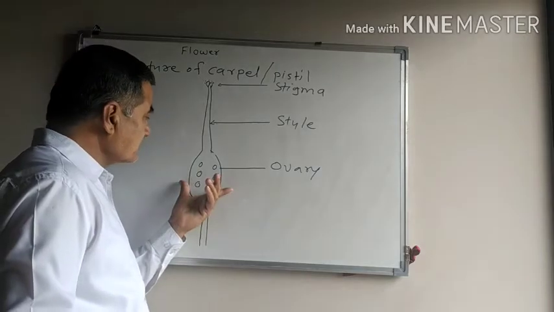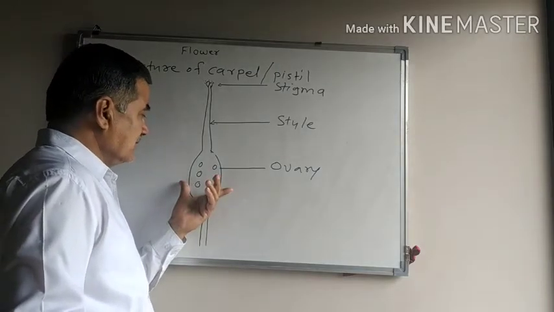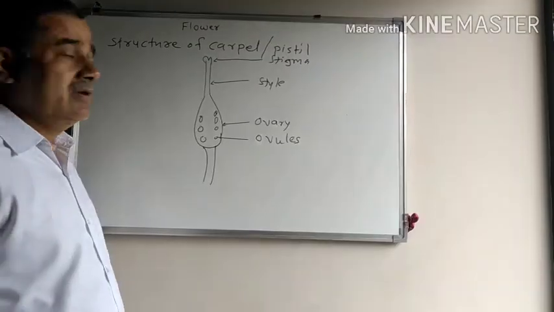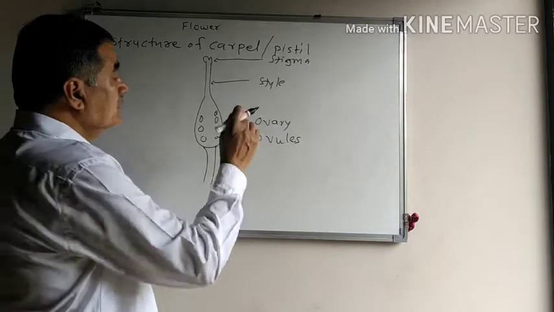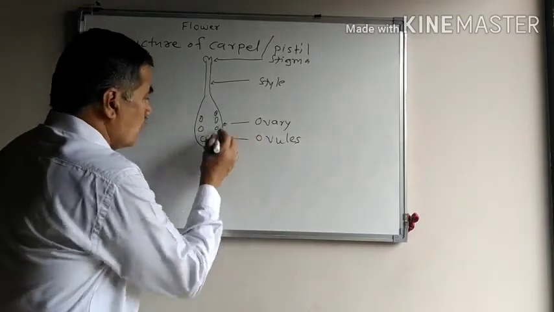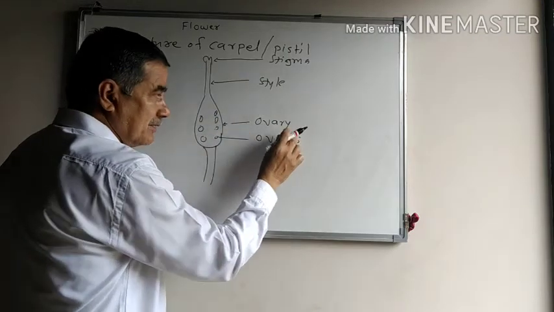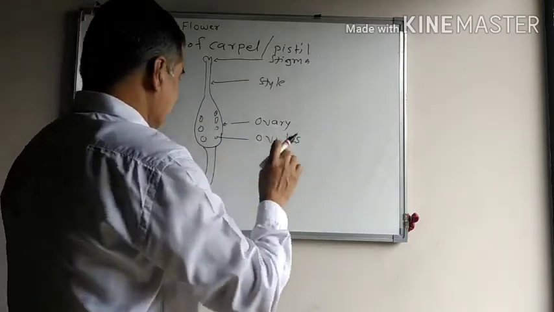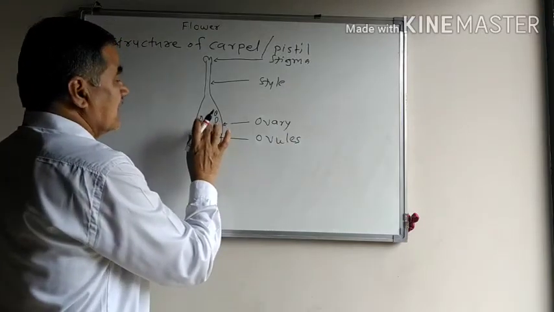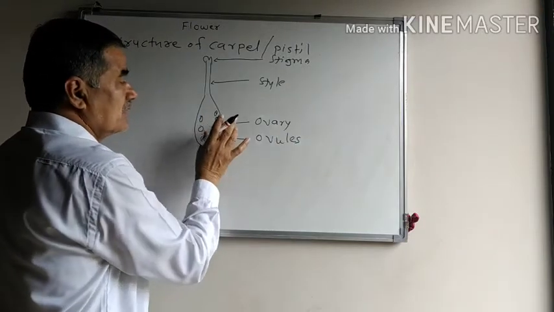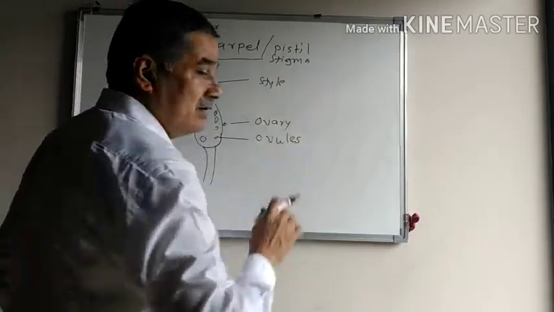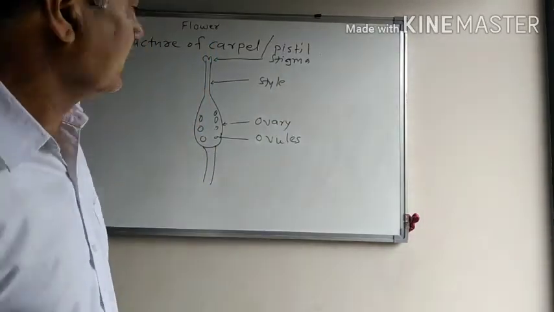After fertilization, the ovules convert into seeds. Ovary wall converts into the pericarp of the fruit. Means after fertilization, the ovary gives rise to fruit with the seeds.